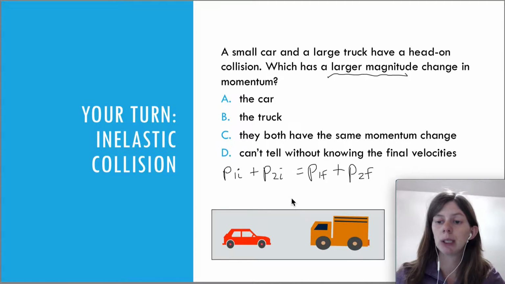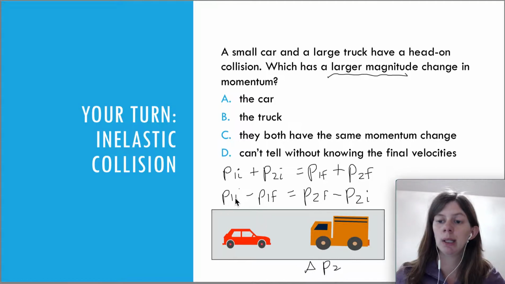If we rearrange conservation of momentum and put all the objects number 1 on one side, we have P1 initial minus P1 final. Then on the other side we have P2 final minus P2 initial. Well, look what we have here. Final minus initial is a change. That is delta P2.